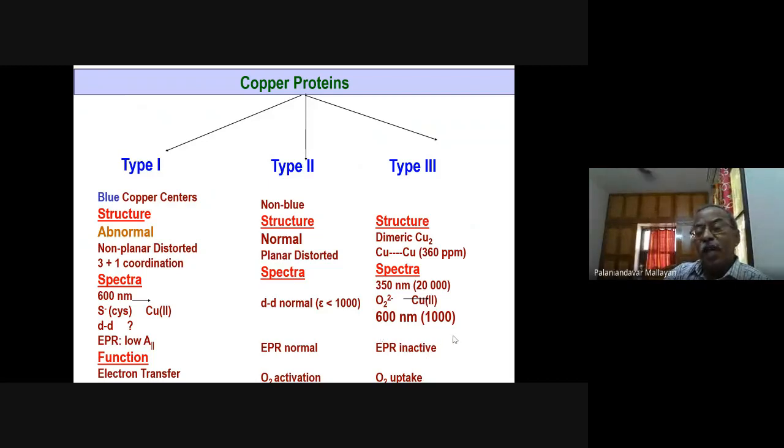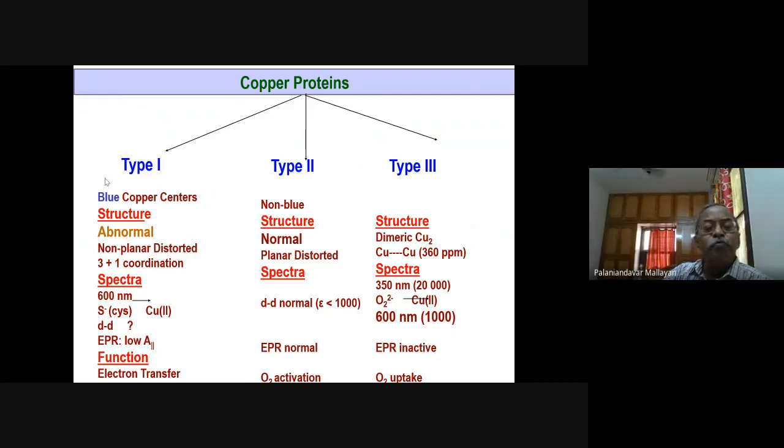More than that, I would like to tell you that there are copper enzymes called multi-copper enzymes, multi-copper proteins. They have more than one type of active site for carrying out the dioxygen activation.